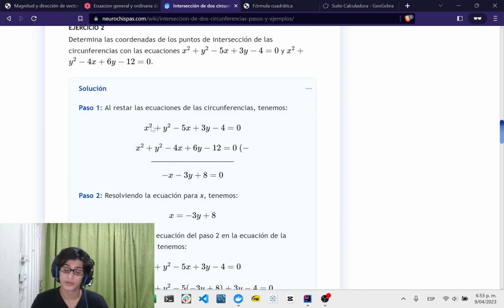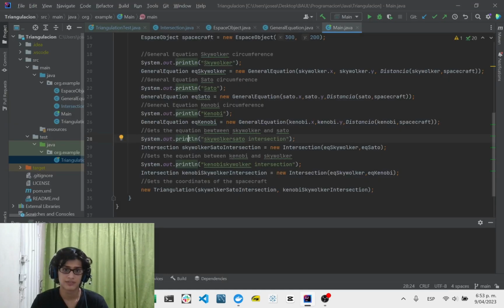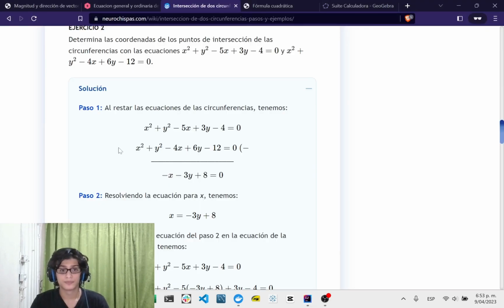To do that, we need to do some operations. First, I'm going to use the general equation of one satellite, for example, of this and this. And then I'm going to subtract, for example, the first general equation from the other, and I'm going to get something like this.